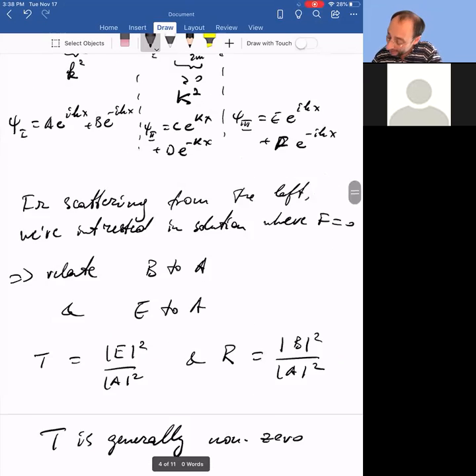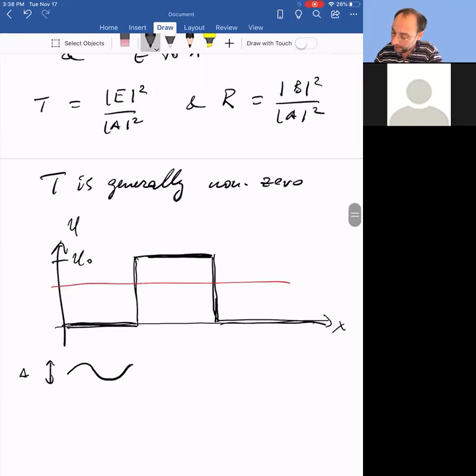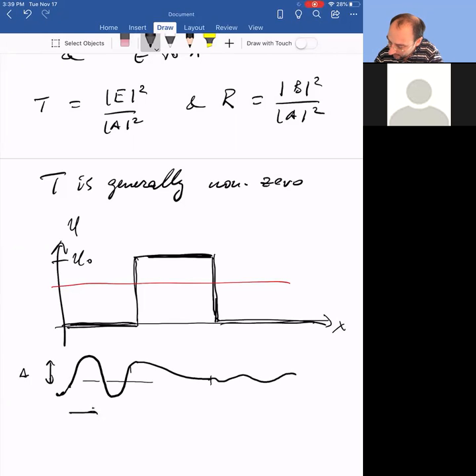So it's technically a combination of growing and decaying parts, but it's mostly a decaying part. That's what I'm trying to say. So you have something like this. Okay, and then there's some wave function left. Right? So this wavelength is the same as this wavelength.